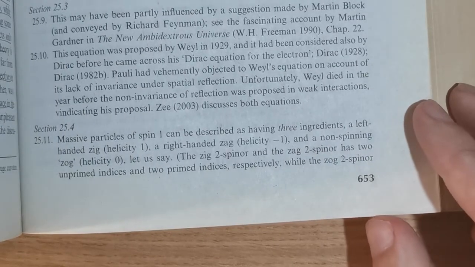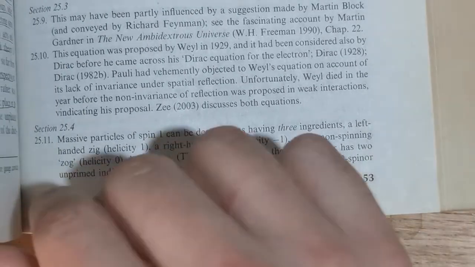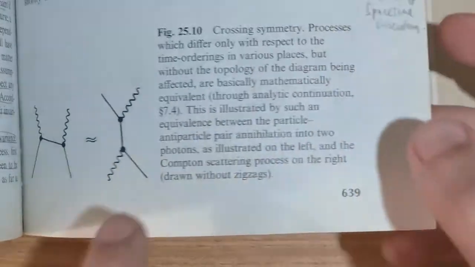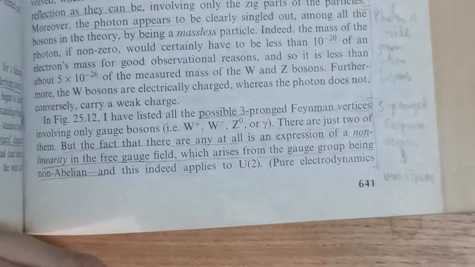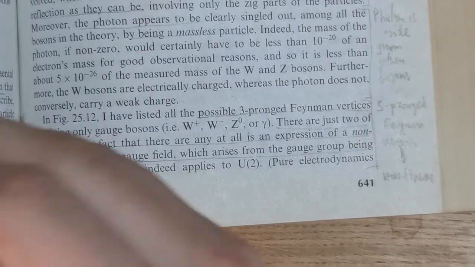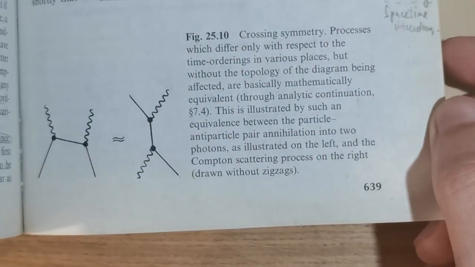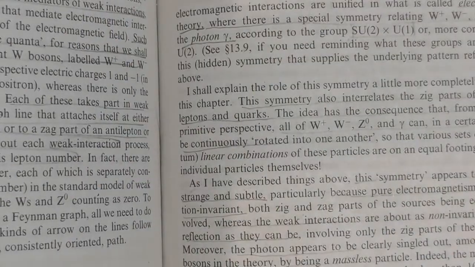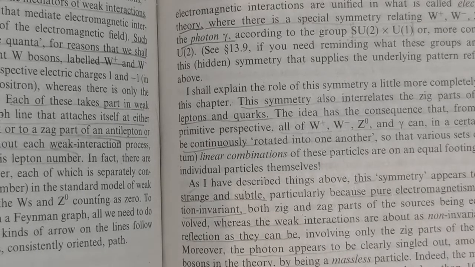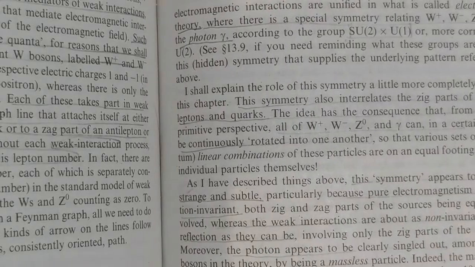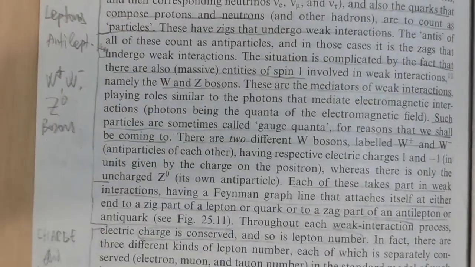And it was in 25.4? Yes. It was referred to from there. I'm trying to find it. I think it was more towards the end of that subsection. Yeah, I'm looking there. The situation is complicated by the fact that there are also entities of spin 1 involved in weak interactions.